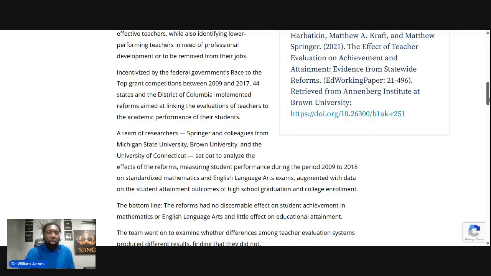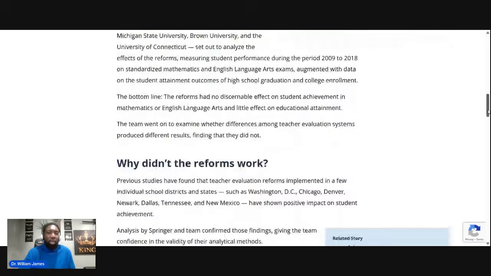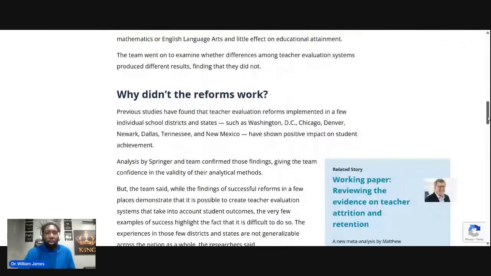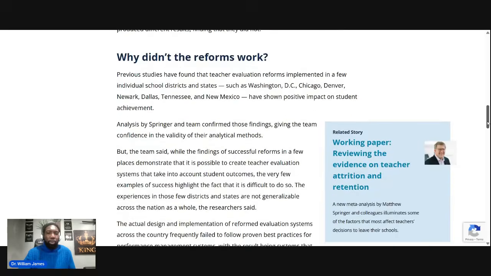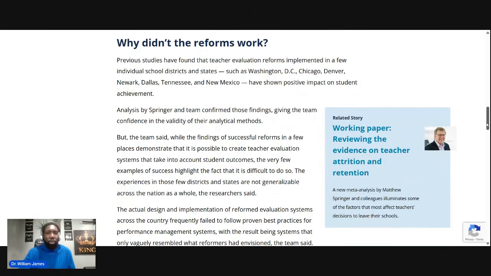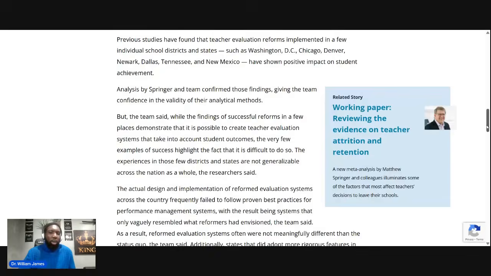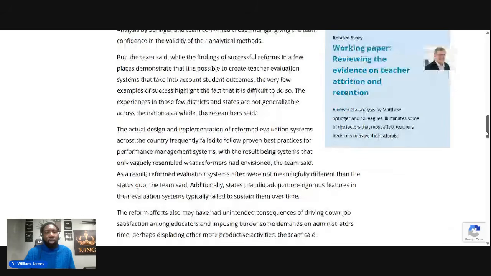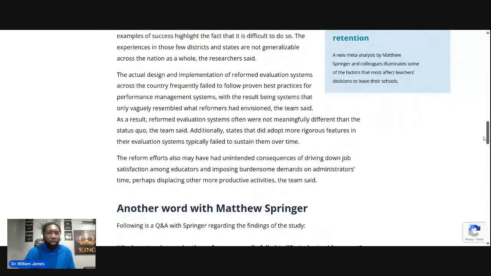And they measured the performance from 2009 to 2018. They found that the reforms didn't work. They only found that it worked in a few districts out of all of the districts they looked at.